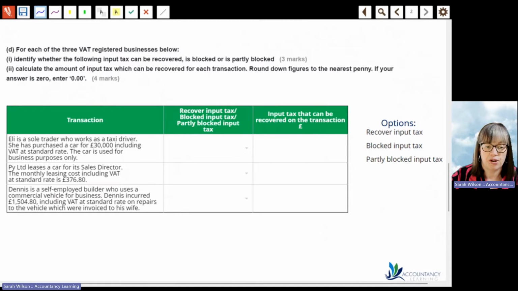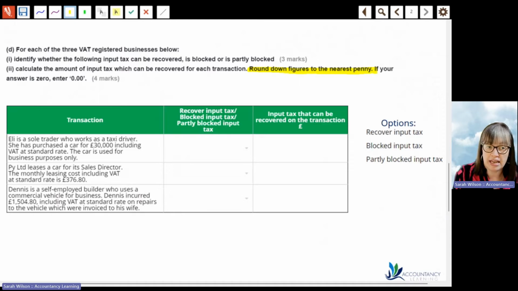So the next question then, we have 3 VAT registered businesses below. The first part of the question is to identify whether the following input tax can be recovered, whether it's blocked or partly blocked. And the second part of the question is to calculate the amount of input tax which can be recovered for each transaction. Here we need to round down to the nearest penny.